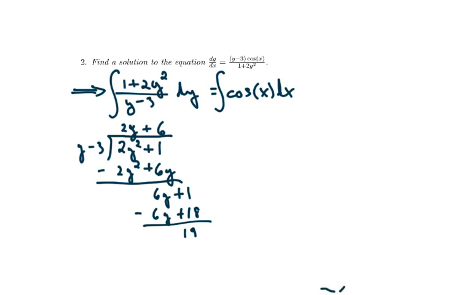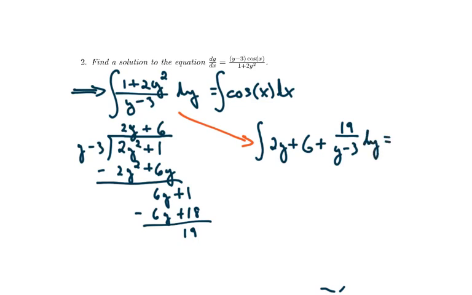And so what this tells me is that my left integral is going to be equal to the integral of 2y plus 6 plus 19 divided by y minus 3, dy. And the right-hand side, integrating cosine x dx, that's going to give me sine of x plus c.